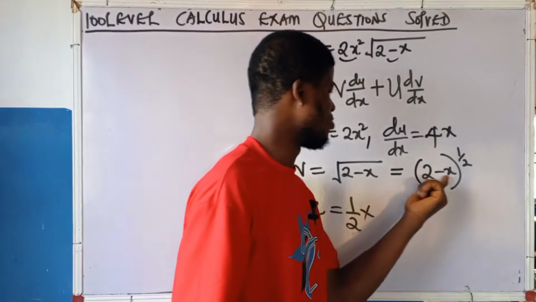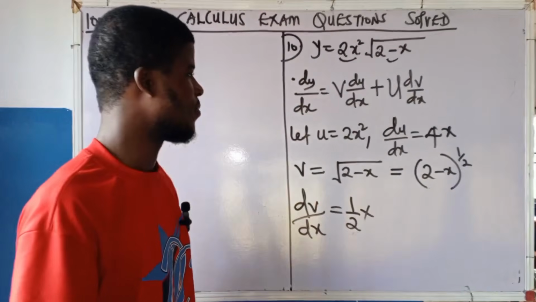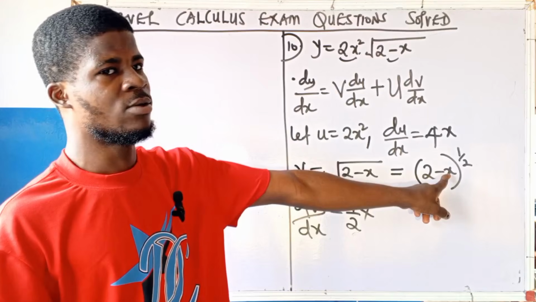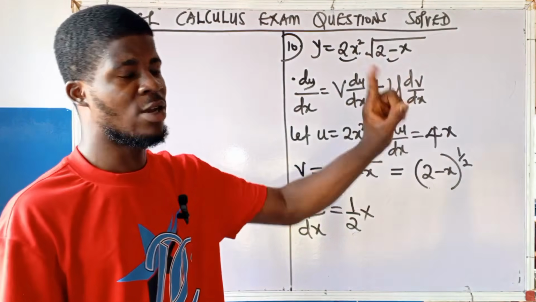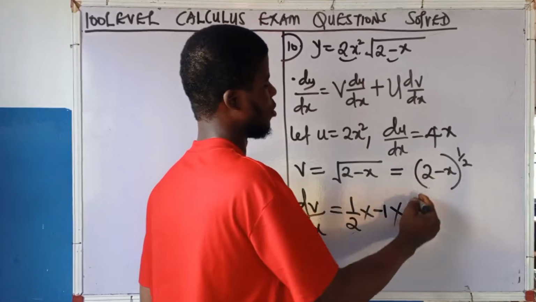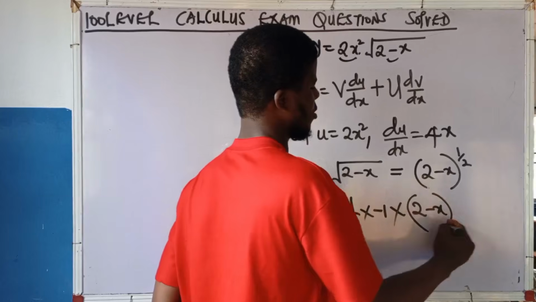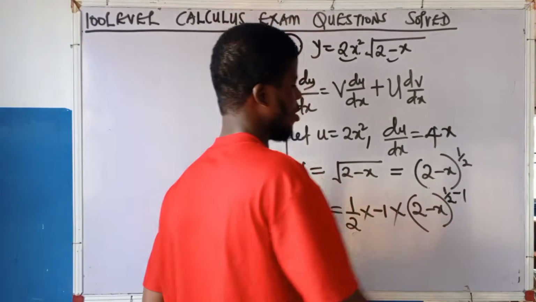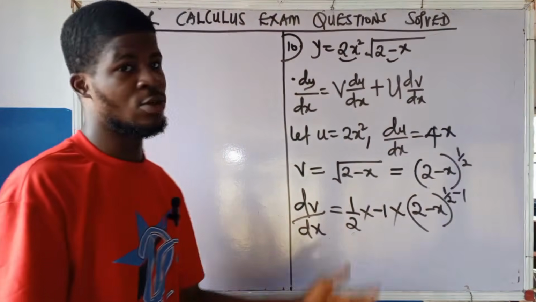The inner function 2 minus x, differentiate it. Differentiate 2 to get 0. Differentiate minus x, of course, with respect to x to get minus 1. Write it minus 1. Then write the function itself again, 2 minus x. Then subtract 1 from the power, 1 half minus 1. And that's the shortcut to the chain rule.